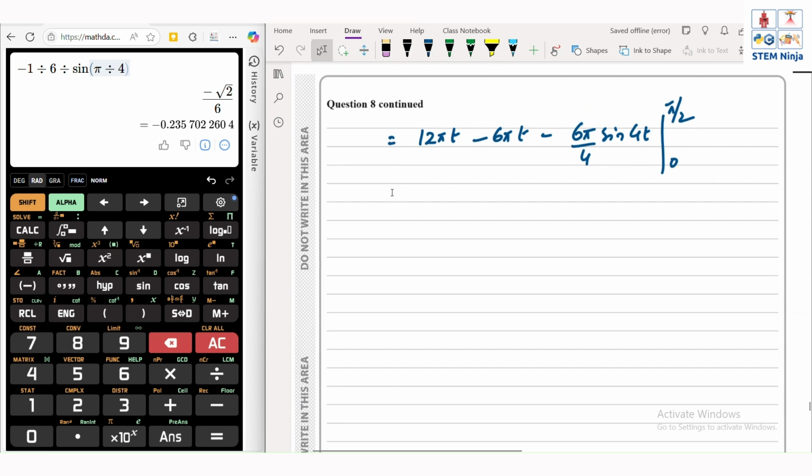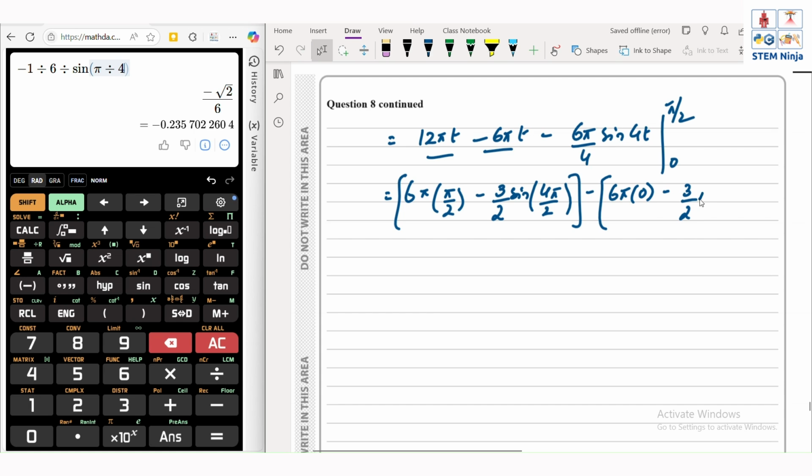All right. So we get, sorry, these two can turn into 6 pi t, because 12 pi t minus 6 pi t, minus 3 over 2 sine 4 times pi over 2, minus 6 pi times 0 minus 3 over 2 times sine of 0.